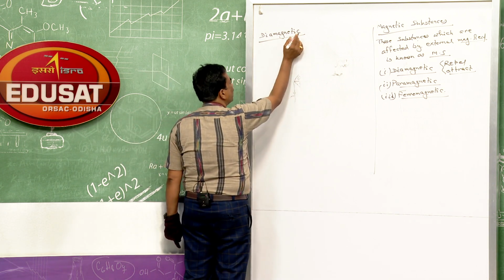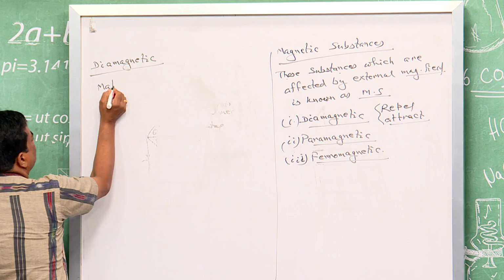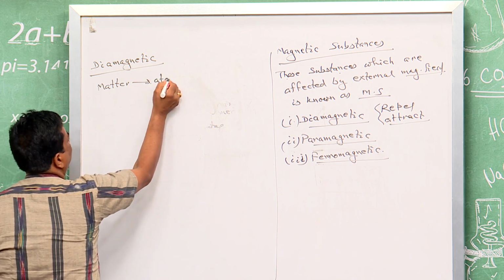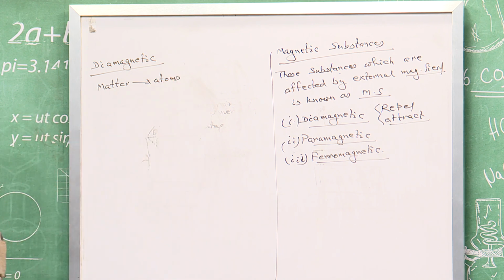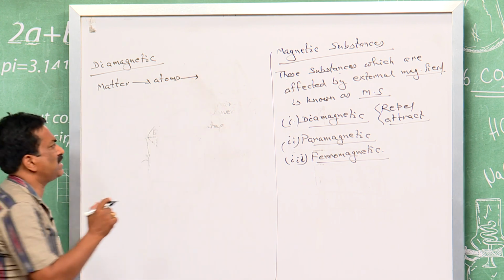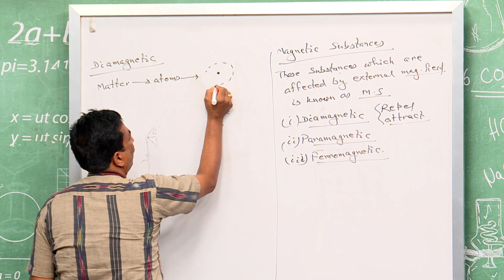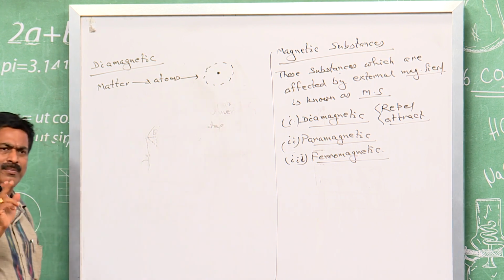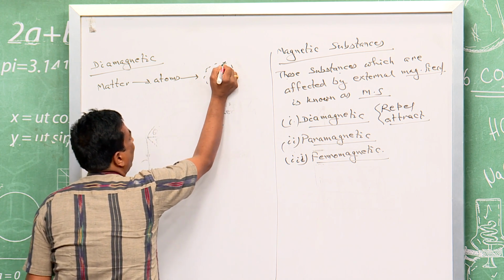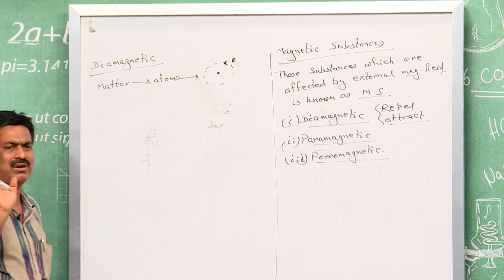You know that a substance is made of matter, and matter has atoms. If you take the concept of one atom, this is the nucleus, and the electrons revolve around it. So, if you take one atom and an electron is moving, I am saying one electron is moving.